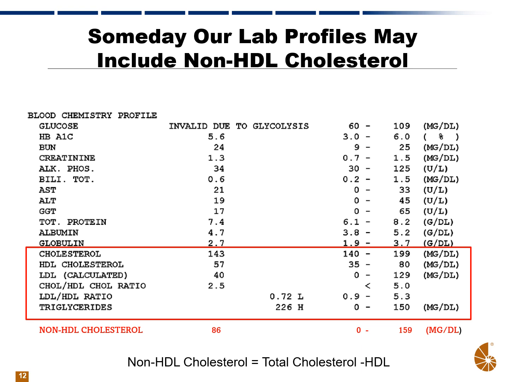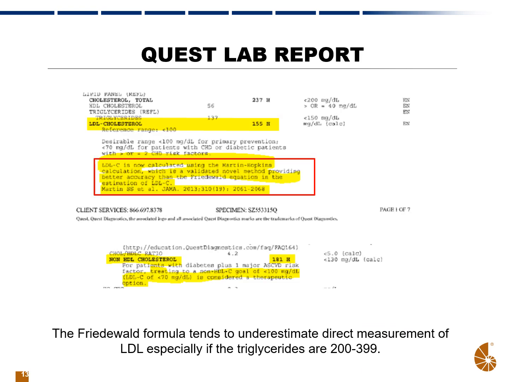Quest actually reports this in their labs, but exam 1 hasn't adopted it yet. But it's something I've asked them to add, and I put it at the bottom in red. So start looking for non-HDL cholesterol to try to get your arms around what that level actually is, and that's the total cholesterol minus the HDL. And it takes away that calculation that you have to do for LDL. So it's a lot more durable and easier to use.